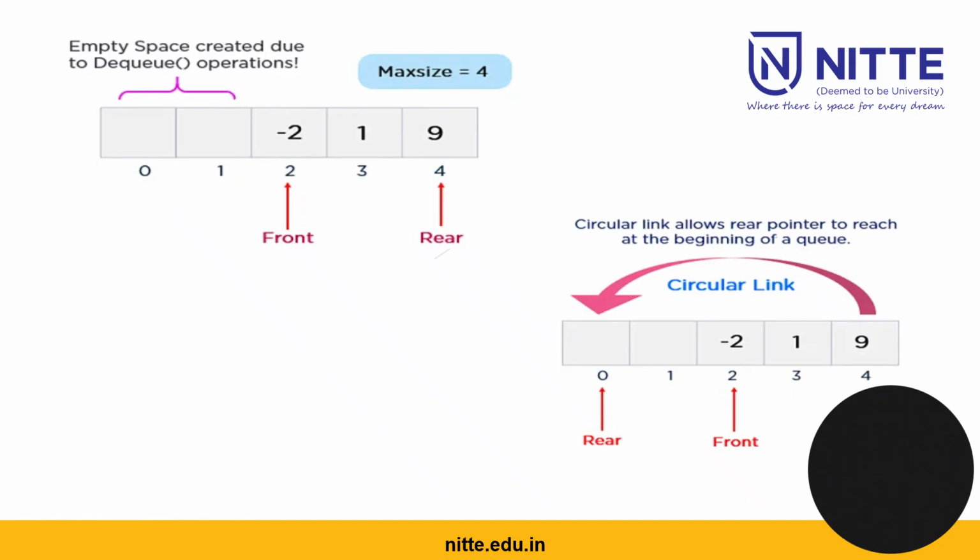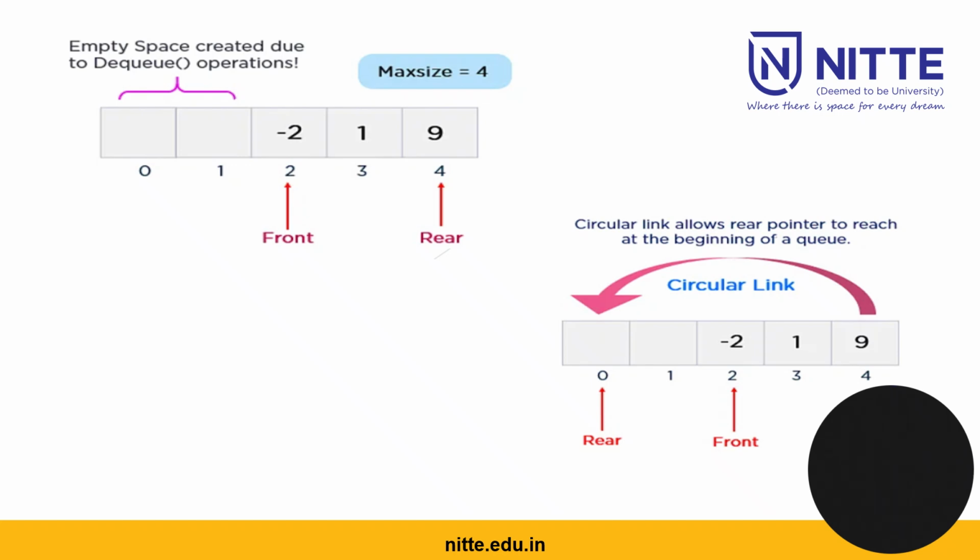So what I will do now, I have to push the elements from which end? In the normal case I would push from the rear, but the rear has reached its maximum size, so I can't push it here. But if I connect this rear to this end, that means I will push elements from the rear side.